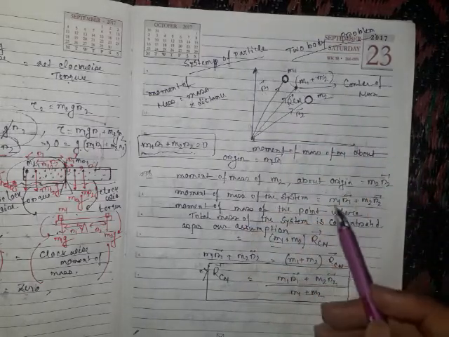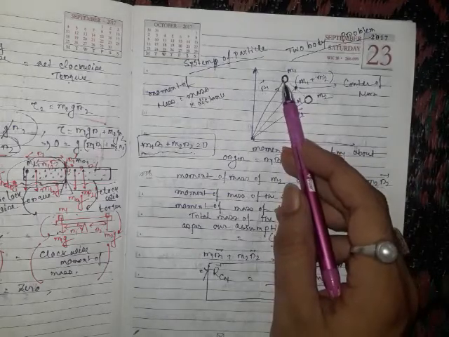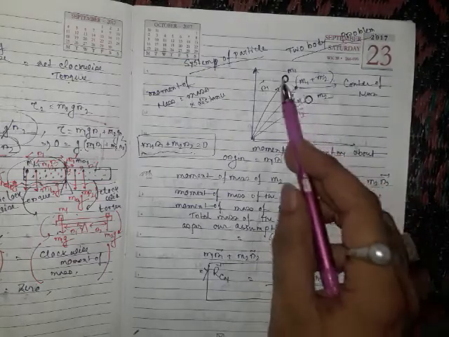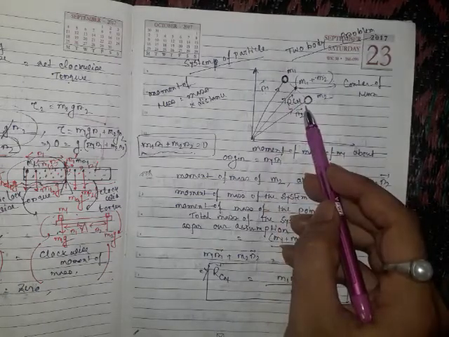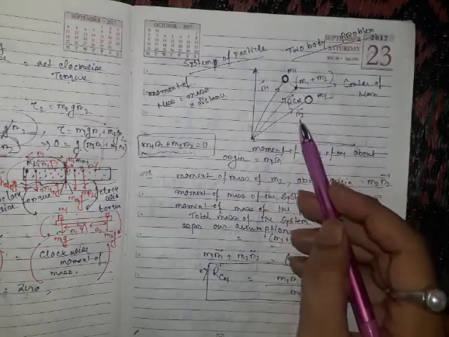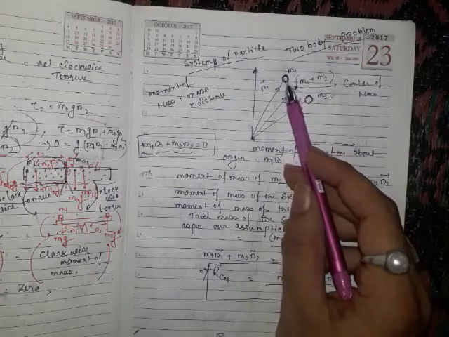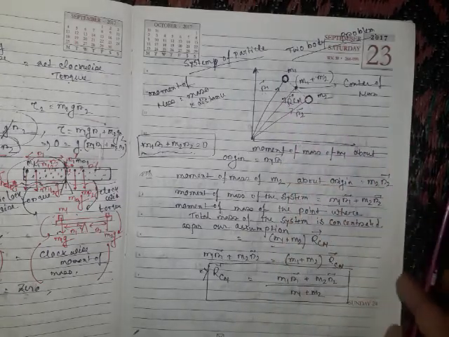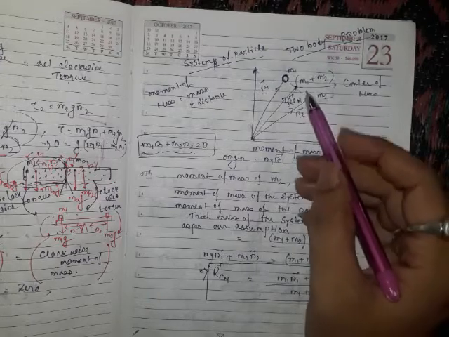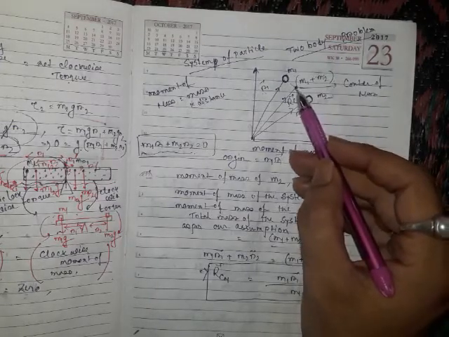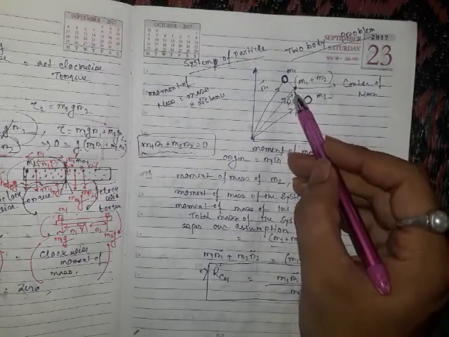Now if we find the moment of mass about this origin of these two objects, that moment of mass should be the same as the moment of mass of the center of mass.